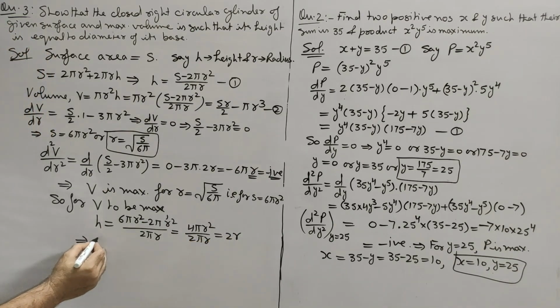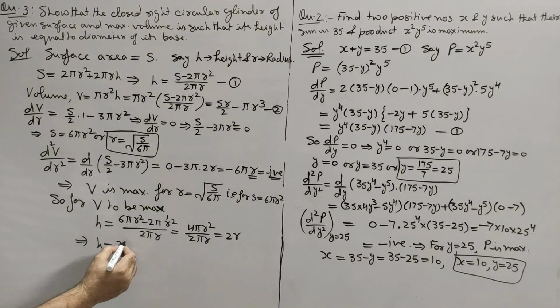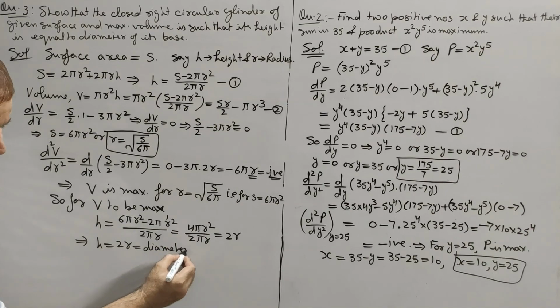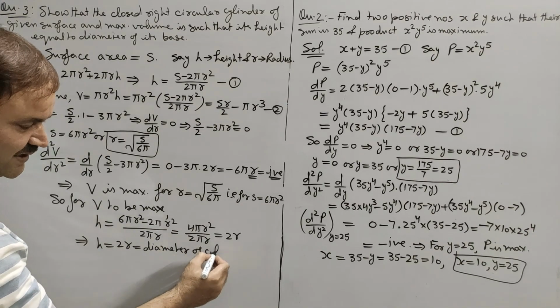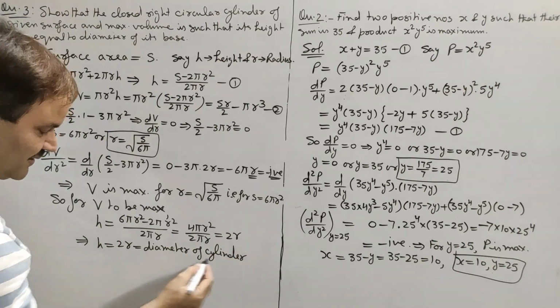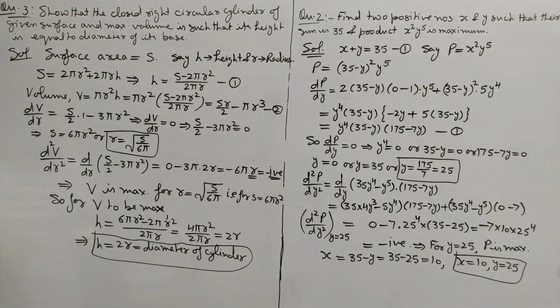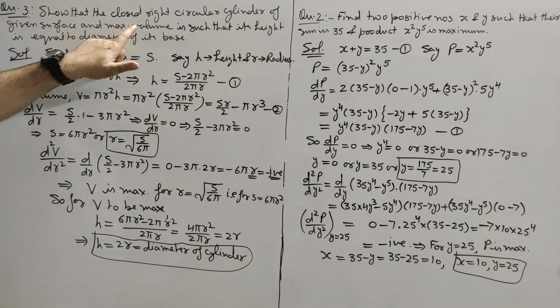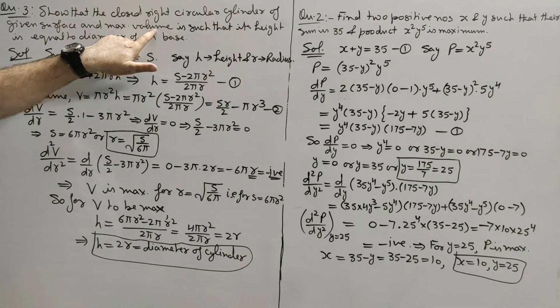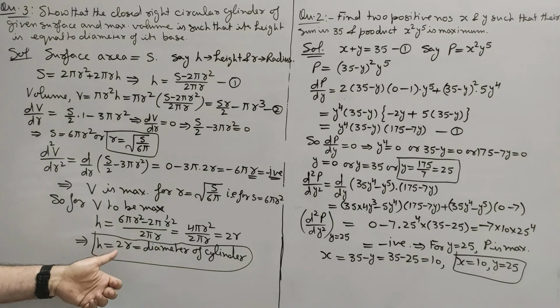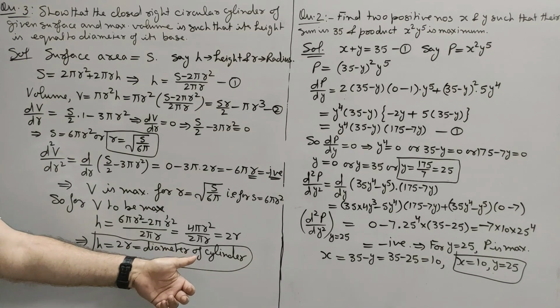It means h is equal to 2r, equal to diameter of cylinder, and it shows that when volume of a cylinder of given surface area will be maximum, then its height will be equal to the diameter of its base.